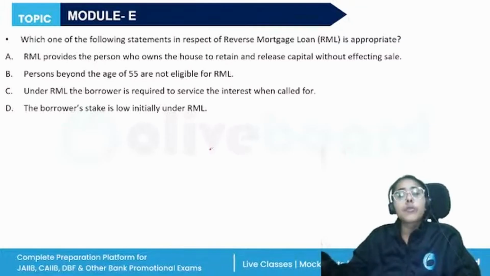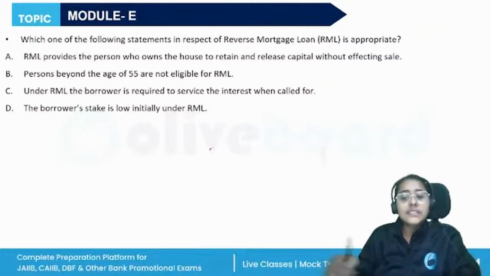However, in the reverse mortgage, it is completely opposite. The borrower initially retains a high stake in the property and receives a regular cash flow. Then over time, as the loan amount increases, his stake in the property reduces. All right, this is a reverse mortgage loan.